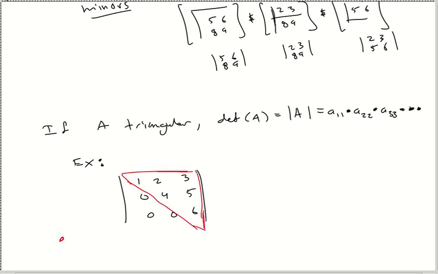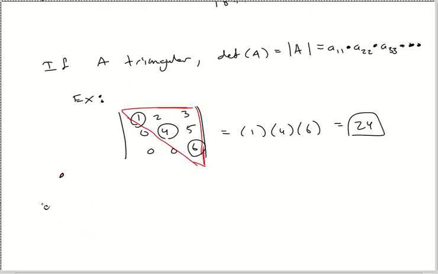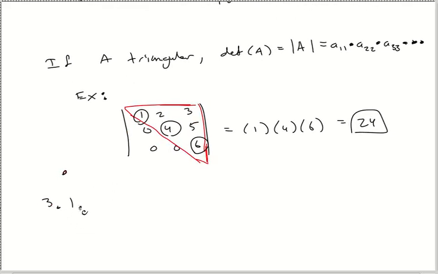What makes it triangular is that the diagonal is filled in with numbers, but either above or below it are all zeros. So the determinant of this is super easy. I just multiply my diagonals together to make 24. Very simple. What they're trying to show you is tricks on how to get this stuff done quickly if you can.